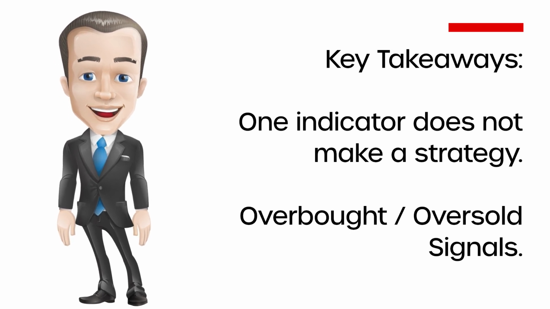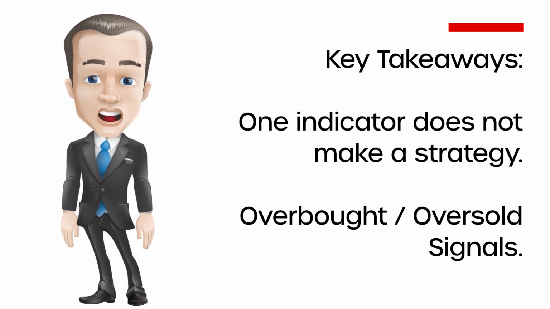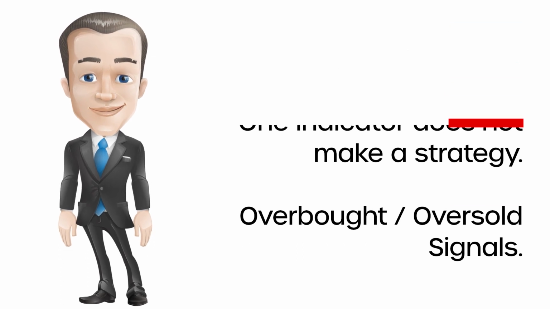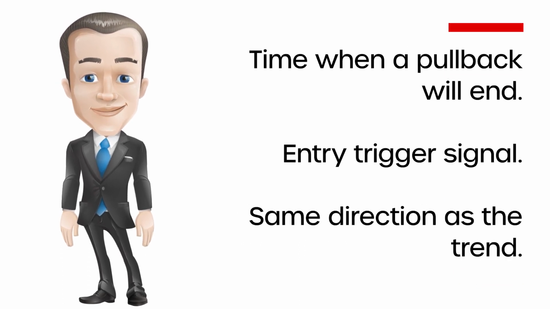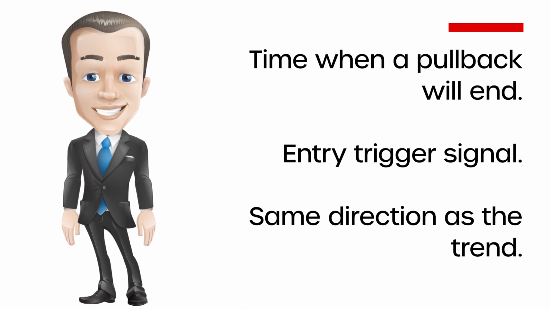So just because these indicators show an overbought level or an oversold level, it could stay that way for a long time. Time when a pullback will end. Find a good entry trigger signal. The stochastic oscillator formula works best in consistent trading ranges.